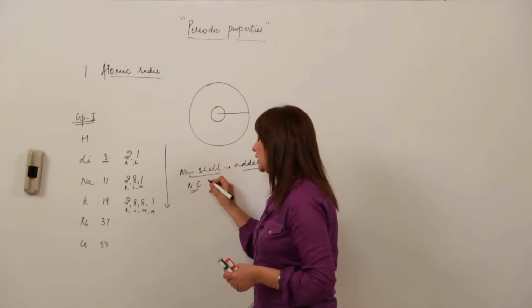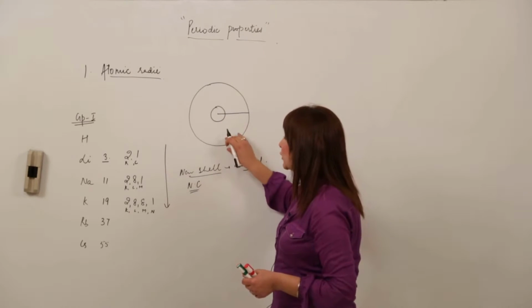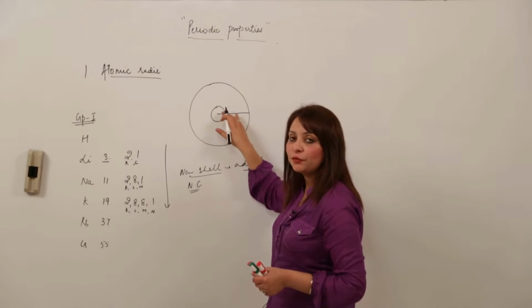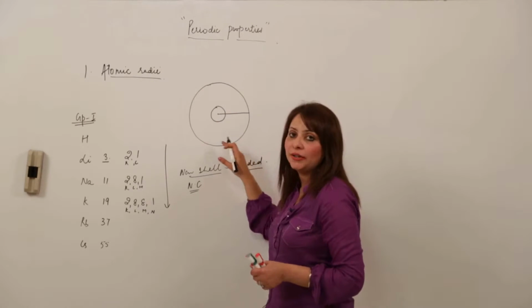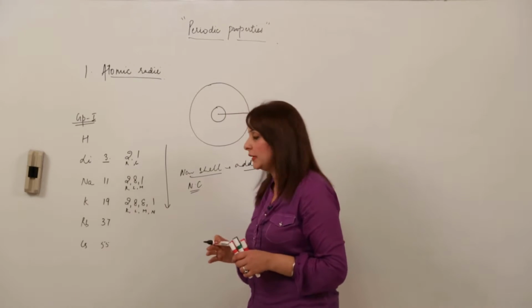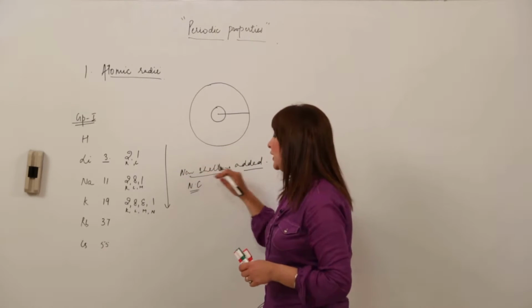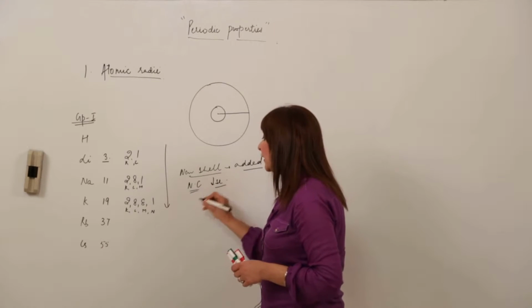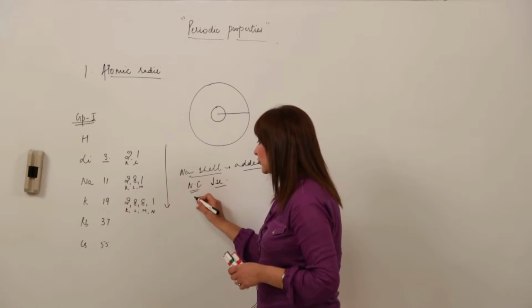What is nuclear charge? It is the attraction that the electron experiences from the nucleus. Nuclear charge is the force with which the nucleus acts on the outermost shell electrons, and it is always an attractive force. So whenever a new shell is added, the nuclear charge decreases. This leads to an increase in size.